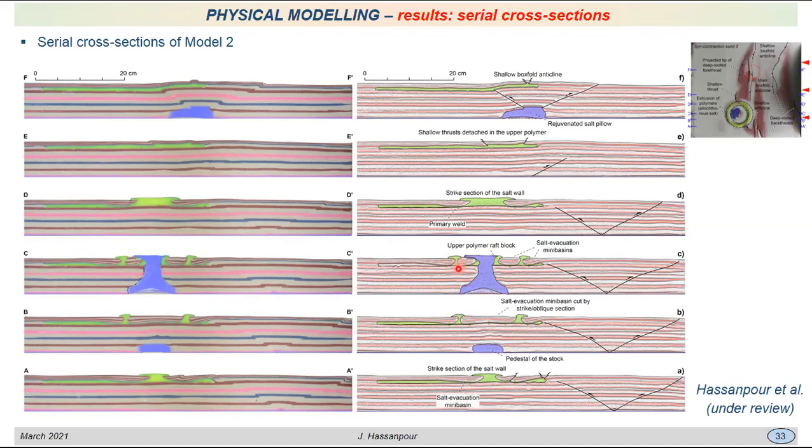And around these isolated salt structures of the upper polymer, we have these shifting depocenters and primary wells, as we can see in the natural examples in the seismic lines in our area.